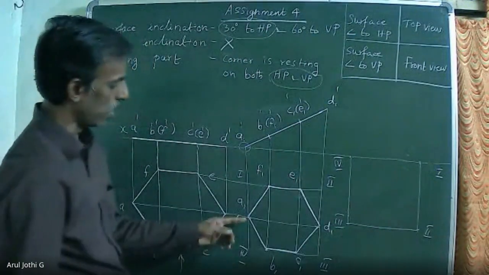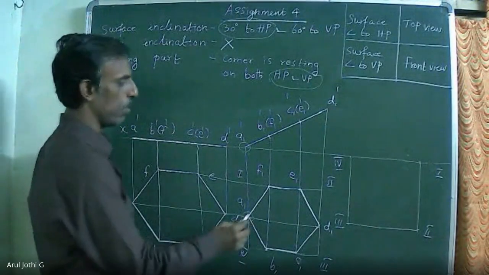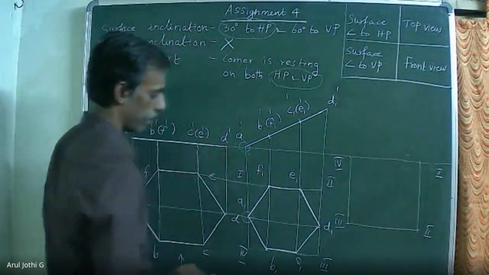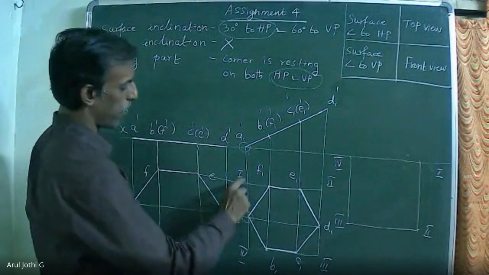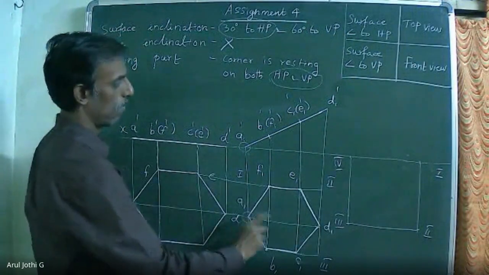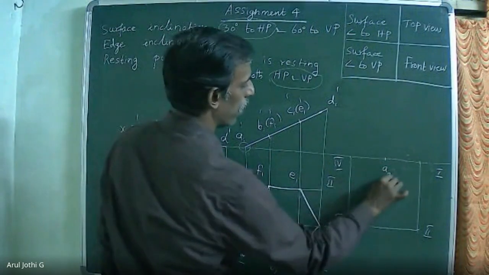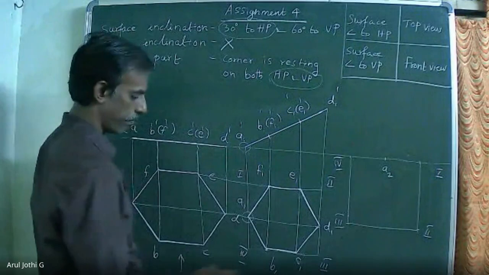Now transfer all the corner points. The important thing is the resting corner A should lie on VP, that is on the XY line here. So 4A1 transfer on 4-1. This will be your A2. So that corner A lies on VP.